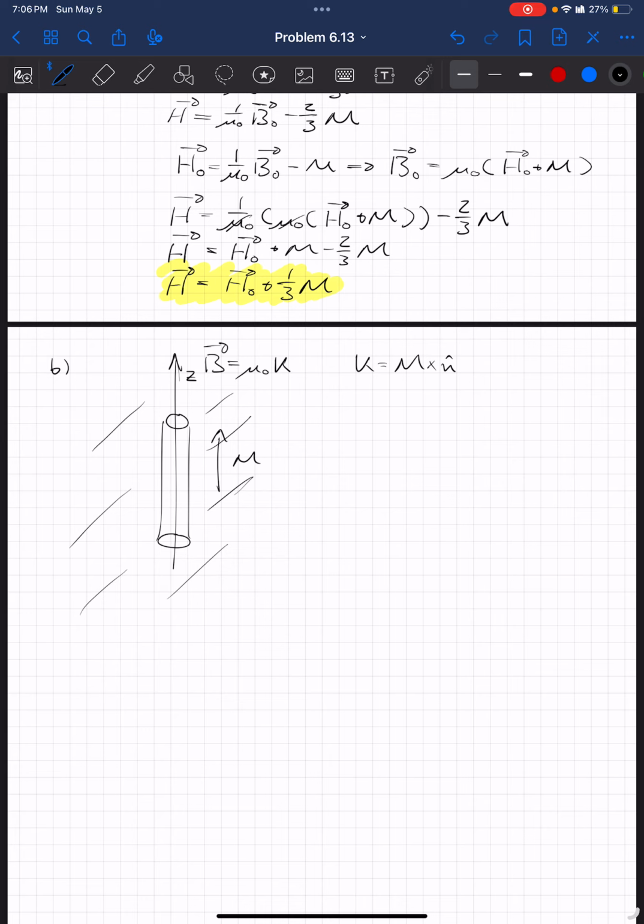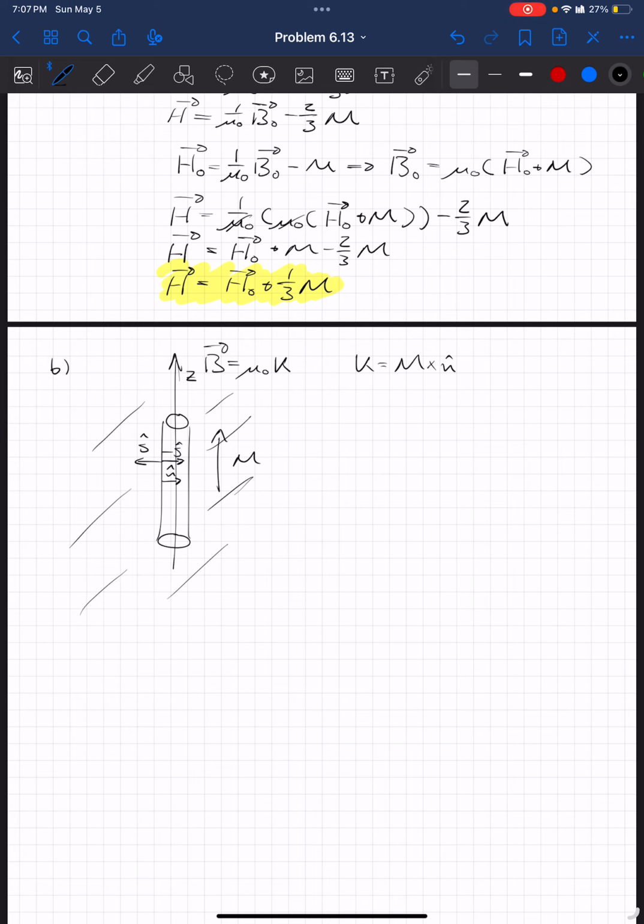So in terms of coordinates, S would be in this direction, making this negative S hat. But this is also our N hat. So N hat is equal to negative S hat.